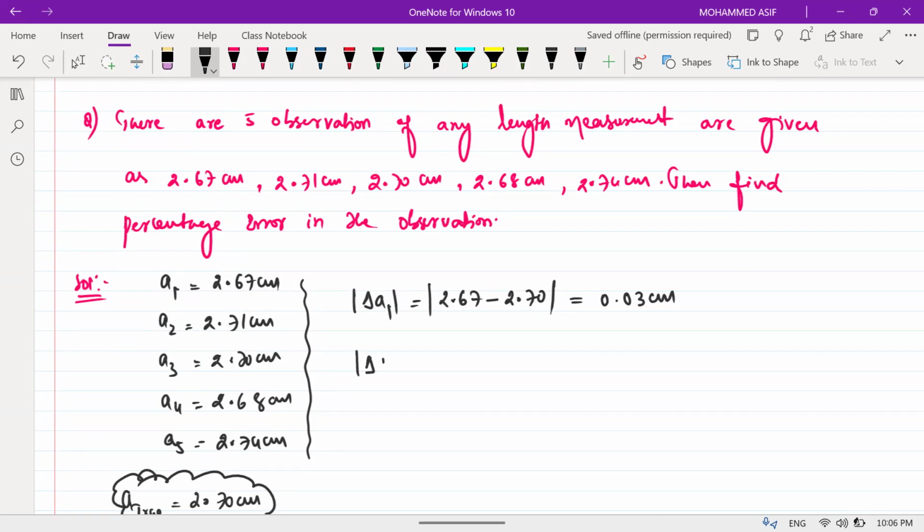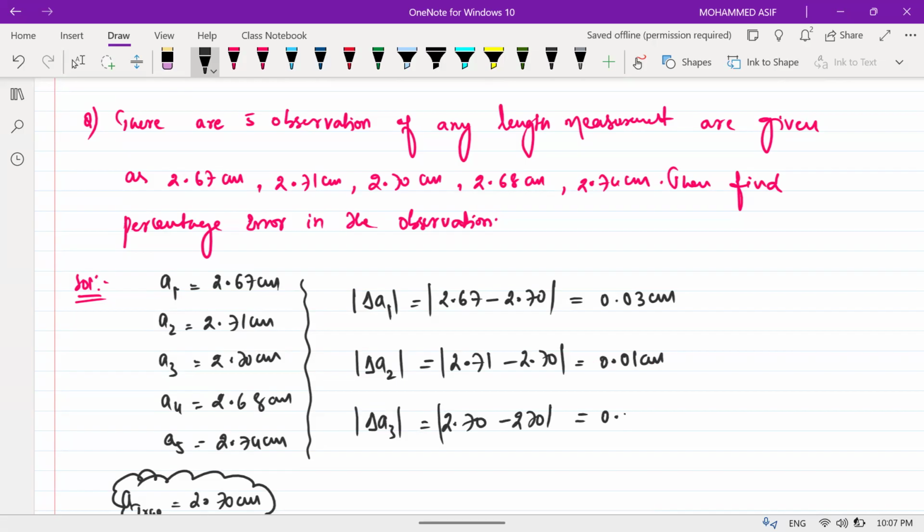In the same way, the absolute error in the second reading is mod of 2.71 minus 2.70, that will be 0.01 centimeter. The same way, delta A3 is equal to 2.70 minus 2.70, that will be 0.00 centimeters.